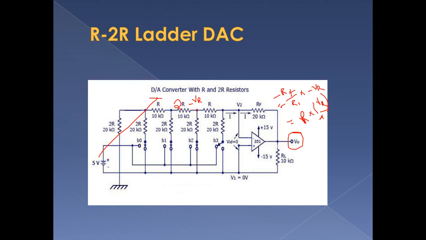Here RF is 20 kilo ohm, that is 2R, and R1 is R, so 2R by R is 2. So 2 into VR by 4, finally we will be getting VR by 2. This is the output equation V0.